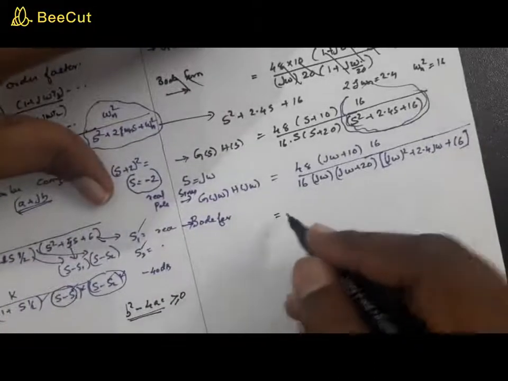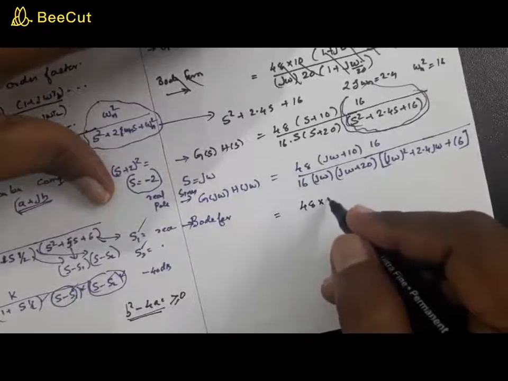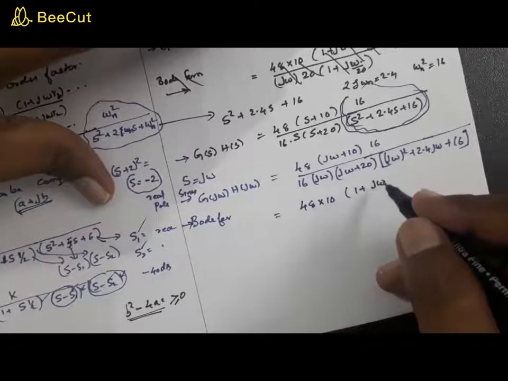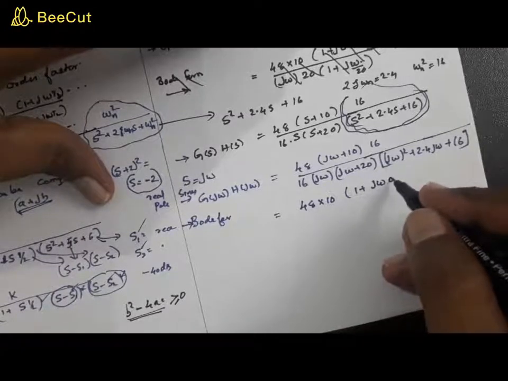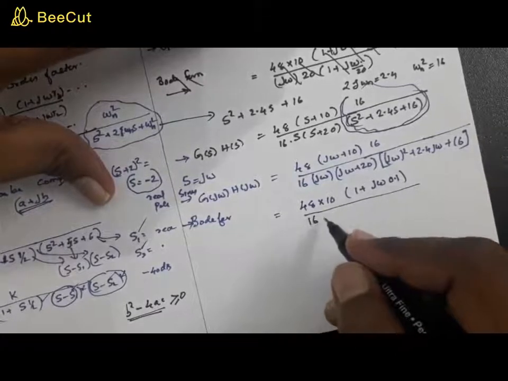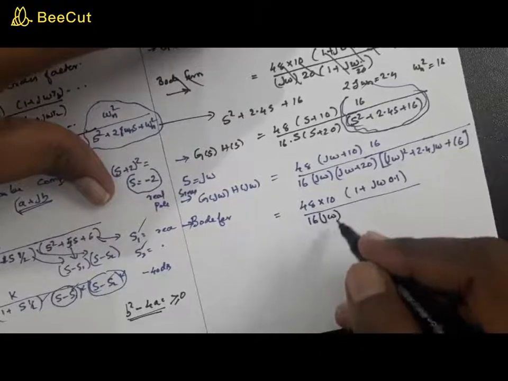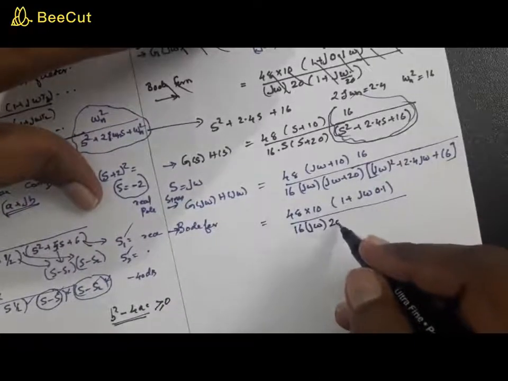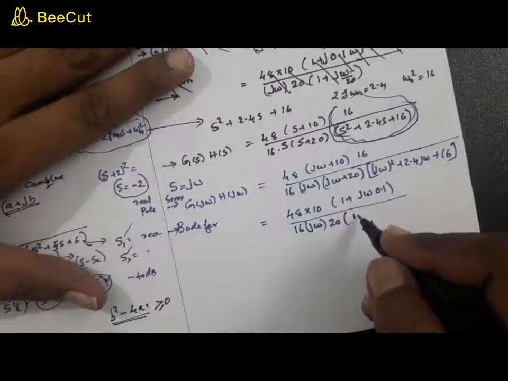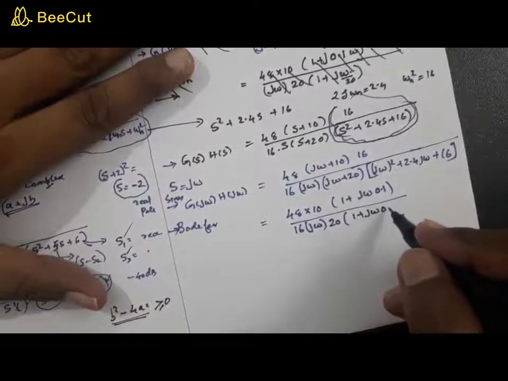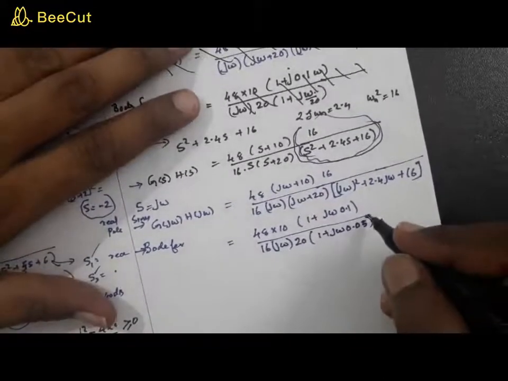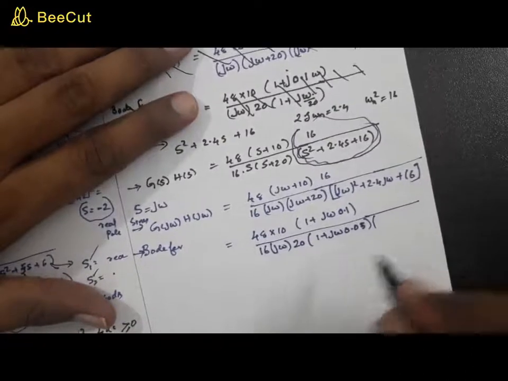When you convert this into Bode form, what you need to do is 48 into, you can take this 10 outside, so that this becomes 1 plus j omega divided by 10, means into 0.1, divided by 16 into j omega into, you can take 20 outside, so that this becomes 1 plus j omega into 0.05.